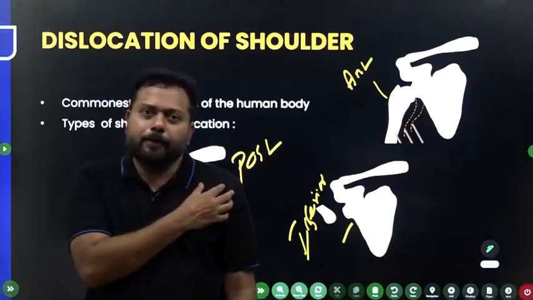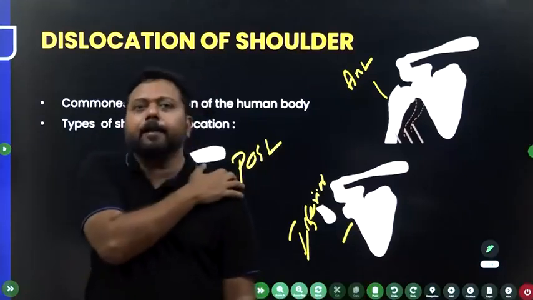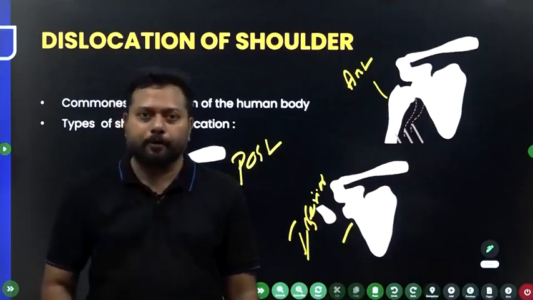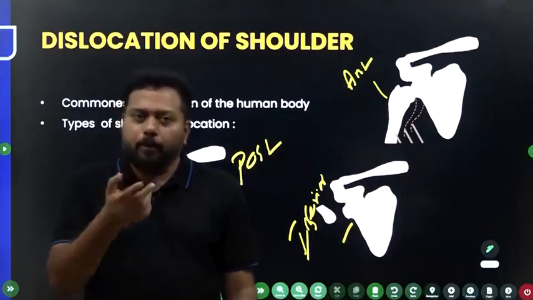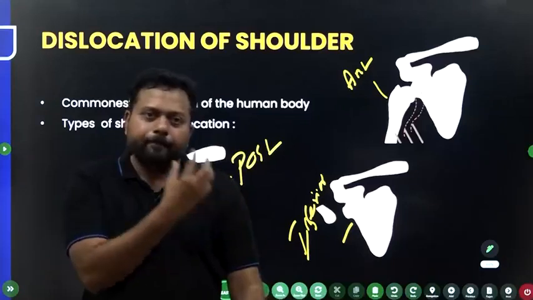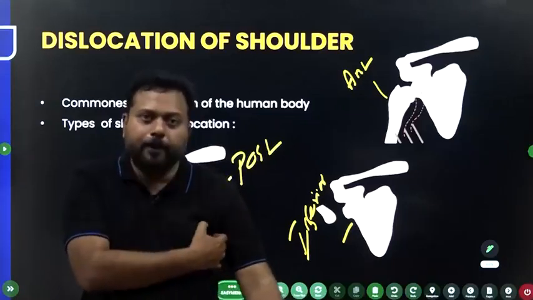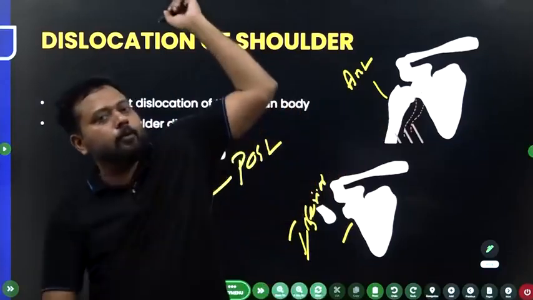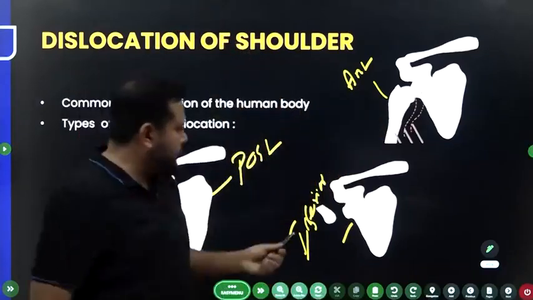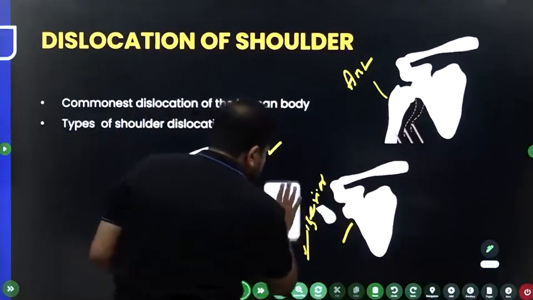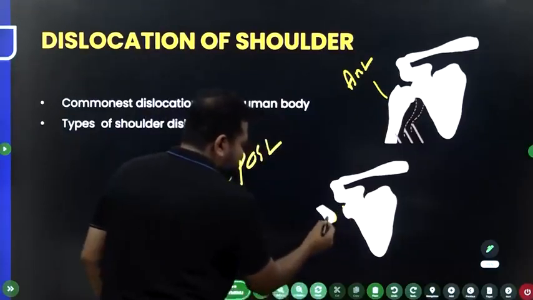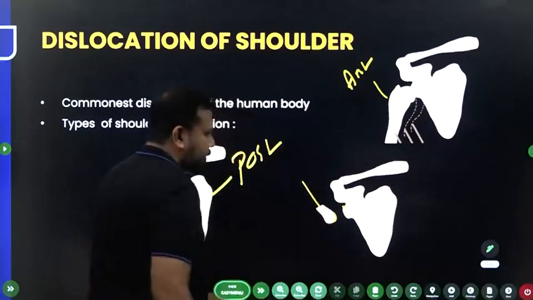When the head of humerus is just behind the glenoid cavity, it is called posterior shoulder dislocation. The other way around, the head of humerus is inferior to the glenoid cavity. Since it's inferior, the shaft of humerus will go like this. In this picture, this is the glenoid cavity, this is the head of humerus, and the shaft is going upwards in this direction.